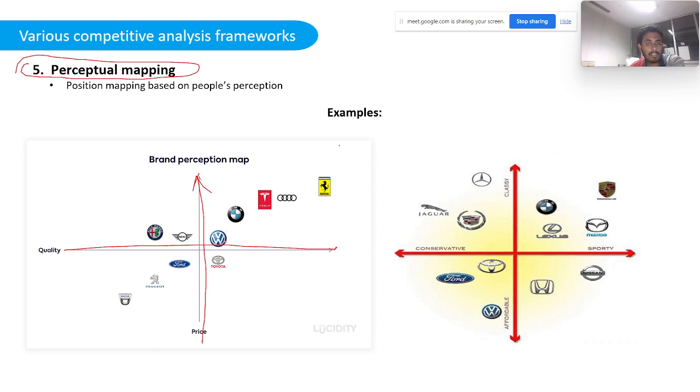For example, Volkswagen is low price and low quality. Then you have Ferrari, high price and high quality.